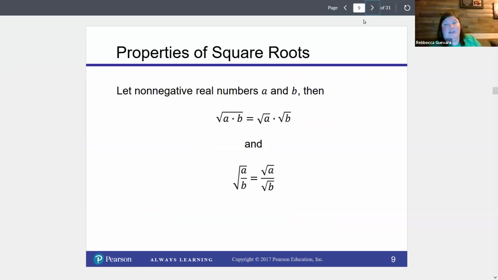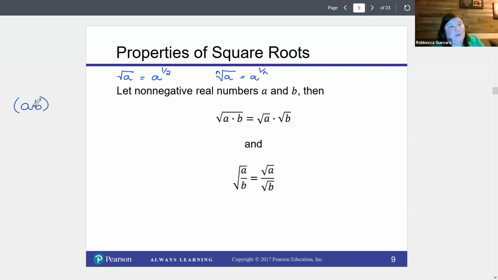Okay, just as a reminder, we talked about this before: because square roots are essentially exponents, the square root of a is really the same as a to the power of 1/2. This means that any nth root of a is the same as a to the 1 over n. So rules of exponents are going to apply for roots.